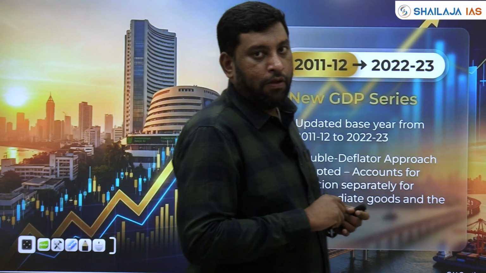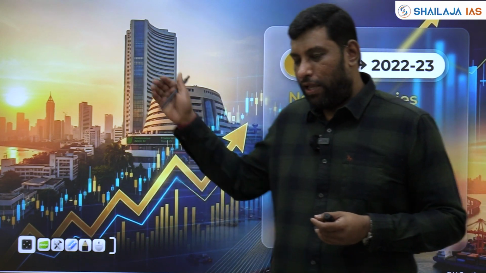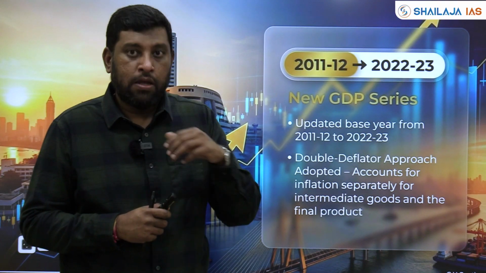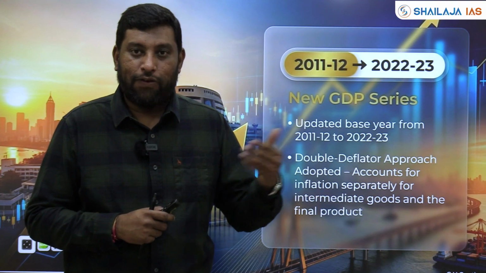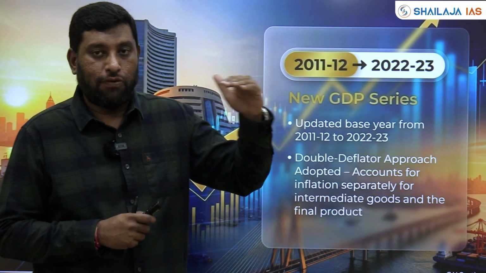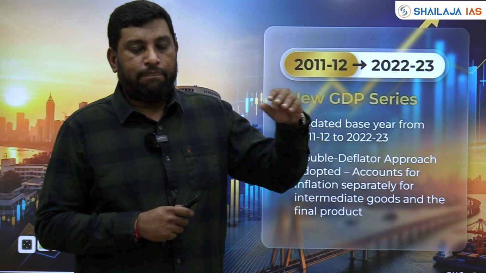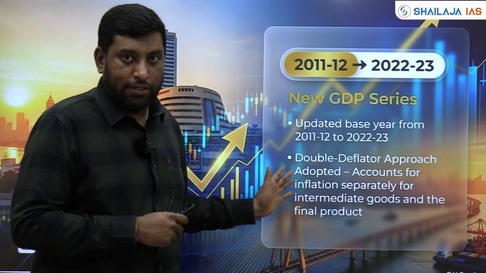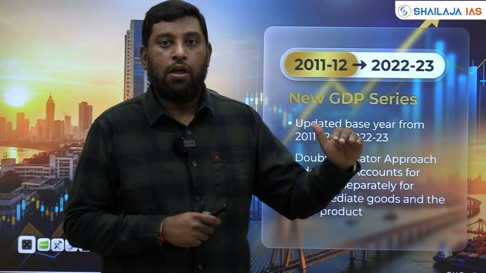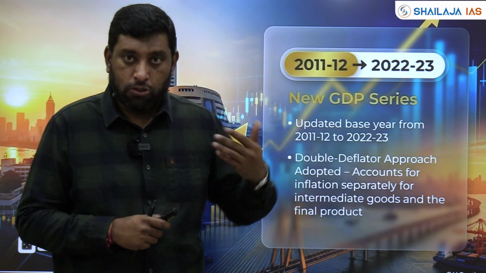Second point, whenever you are calculating even the prices, in order to account for the inflation, in order to account for the price rises, they are going to use something called your deflator. In the earlier series, the deflator was only used for the final goods and services. But in the new GDP series, they have realized that we need to also use a deflator for intermediate goods and services also.